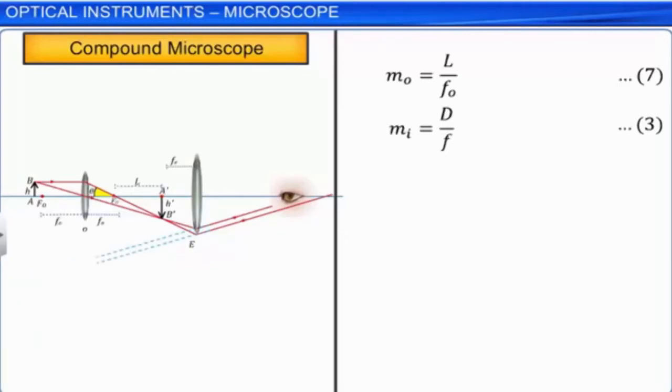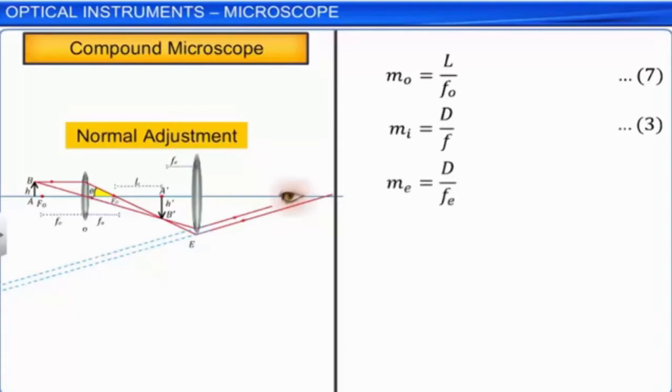Since the image formed by the first lens becomes the object for the second lens, the total magnification of the combination M is the product of the magnification due to the objective and the magnification due to the eyepiece. Therefore, M is equal to MO into ME.